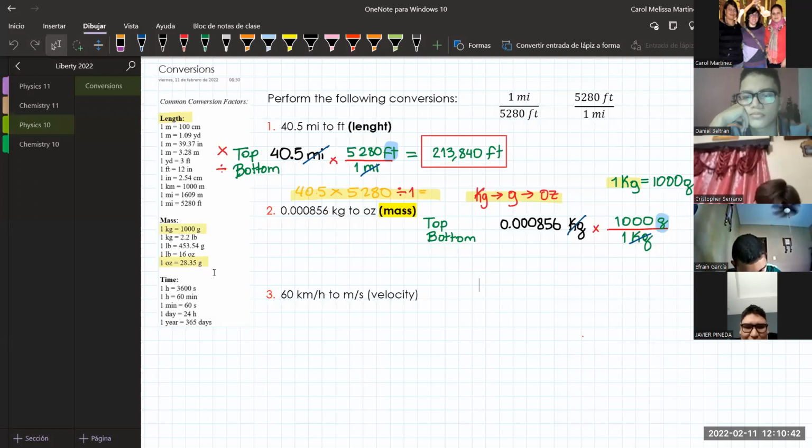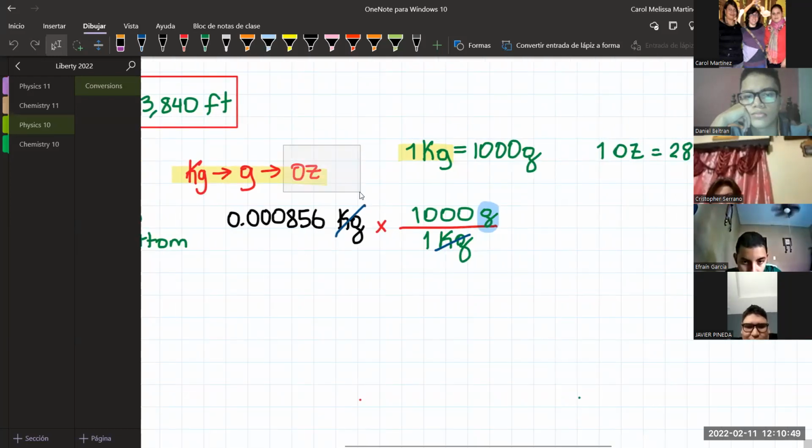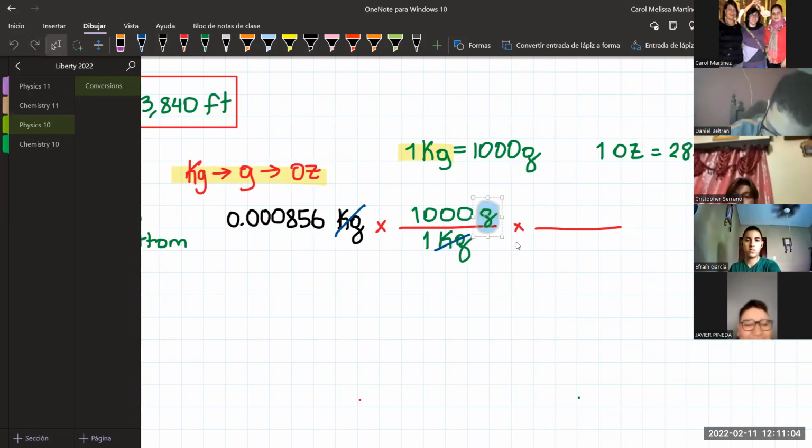Now, what is the unit in this point I'm working in here, okay? In this point, I need ounces. That means that I need to get rid of grams. My next conversion factor between grams and ounces, where do I need to write the grams? Up or down? Down. So my grams need to be written down, and the part of the gram says 28.35.